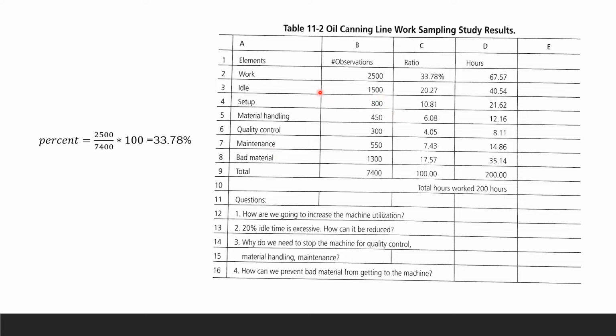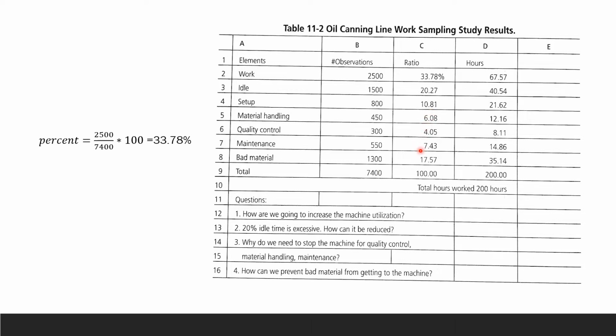So when you calculate the work element for each one of them, you get work out of total is 33.78%. Idle is 20%, that's not very good. So if you want to go lean, you want to eliminate this time, and then you're going to increase that. Setup also needs to be reduced: 800 out of 7,400 observations, and you got 10.81%.